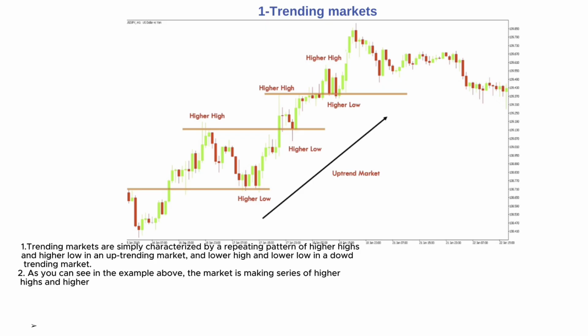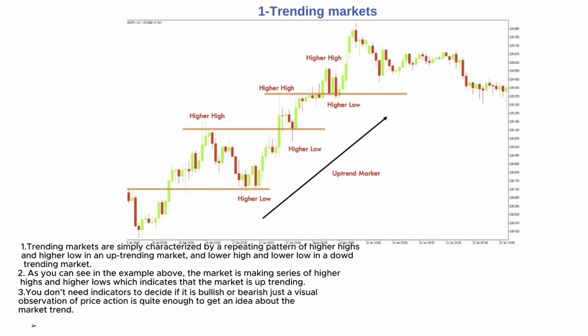As you can see in the example, the market is making a series of higher highs and higher lows, which indicates that the market is uptrending. You don't need indicators to decide if it is bullish or bearish. Just a visual observation of price action is quite enough to get an idea about the market trending.